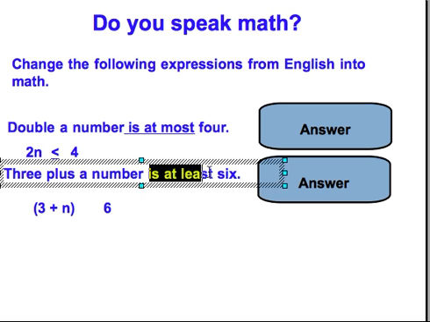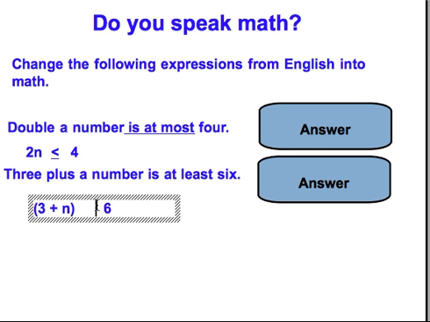Now I have to figure out what my symbol is in the middle. Is at least. So is at least means that it can be 6, but at least 6. So it could be 7, 8, 9, and so on. So it can be 6, but it can also be more than 6.